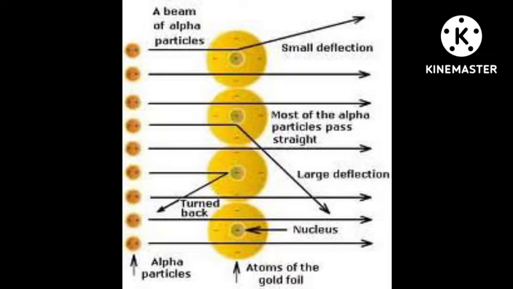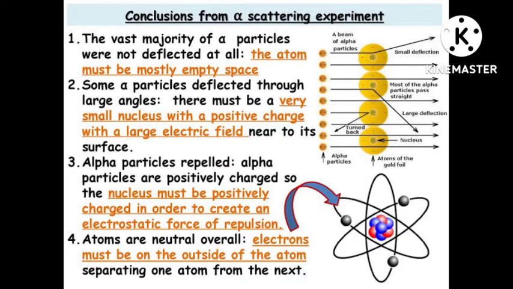And the gold foil was arranged with a circular fluorescent zinc sulfide screen around the gold foil. What is the purpose of the zinc sulfide screen? Whenever an alpha particle struck the screen, a tiny flash of light was produced at that point.